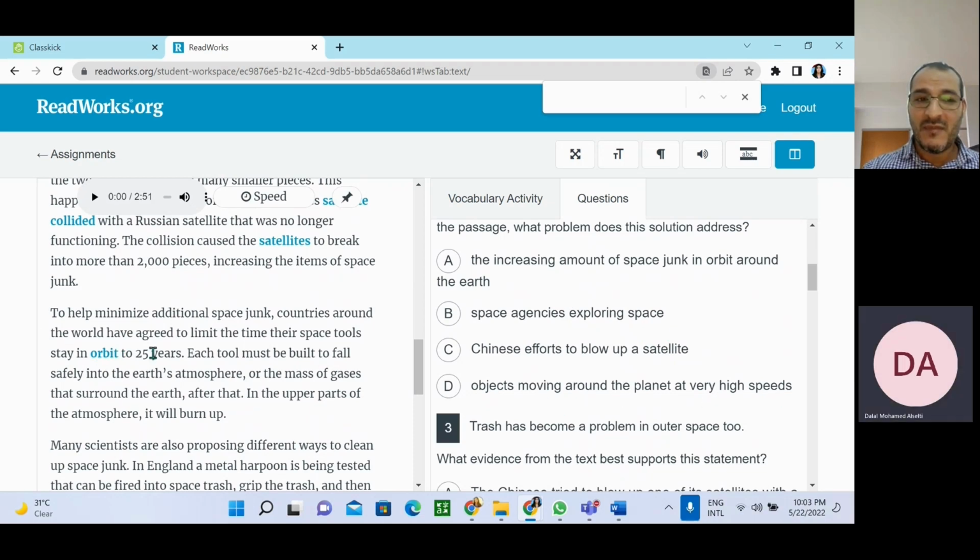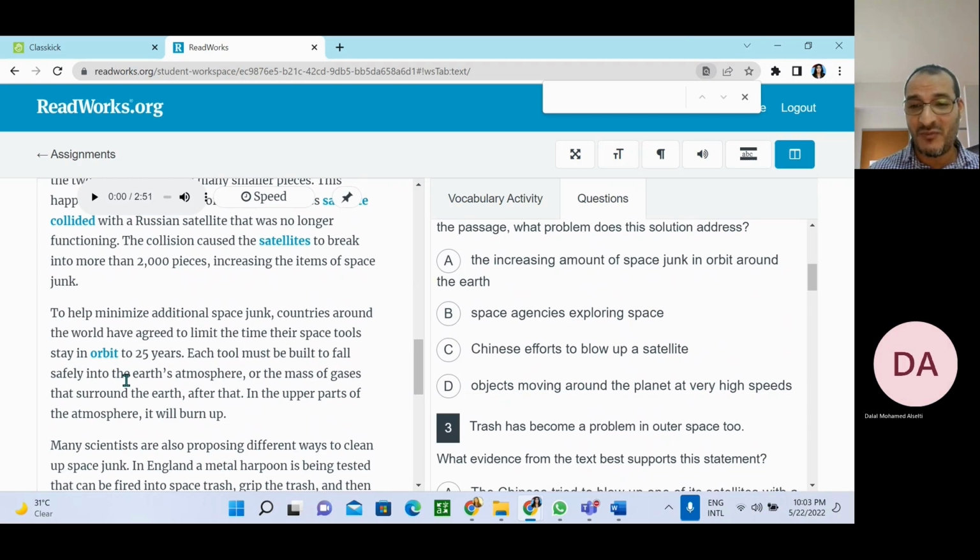Let's stay here. Okay, read it. Yeah, paragraph 2. Good. Have agreed to limit the time for their space tools. Where are the space tools here? Stay in orbit 25 years. Each tool must be built for safe. My dear Hamad, wait.